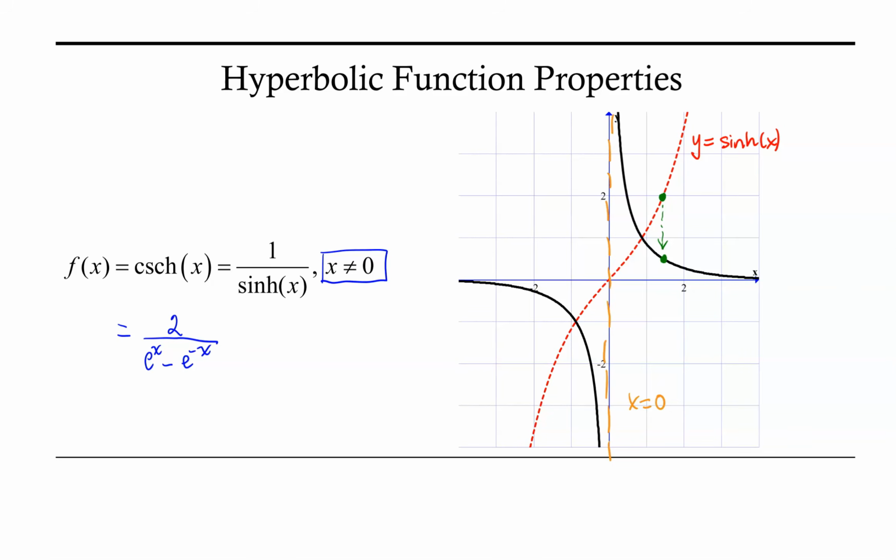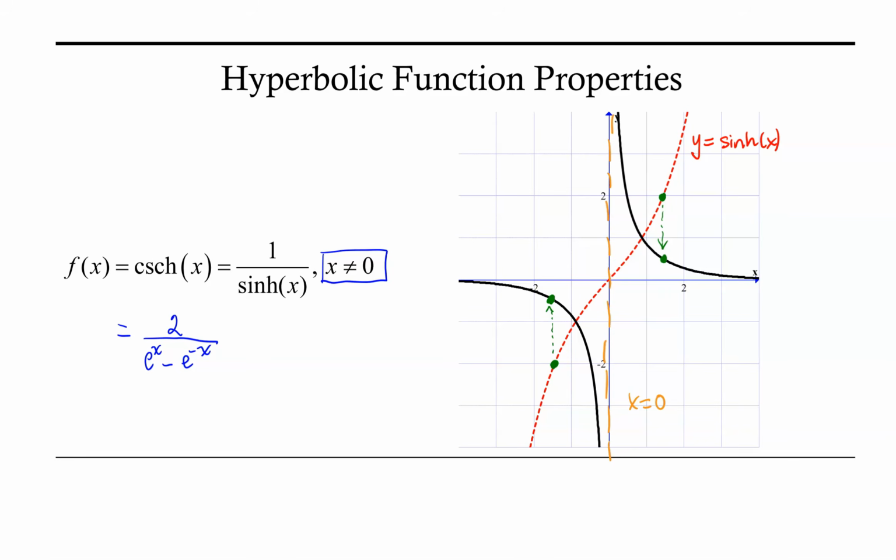We can also see that over here in the negative x values, when our y value for the sinh function is negative 2, the corresponding y value for its reciprocal function, csch, is negative 1/2.